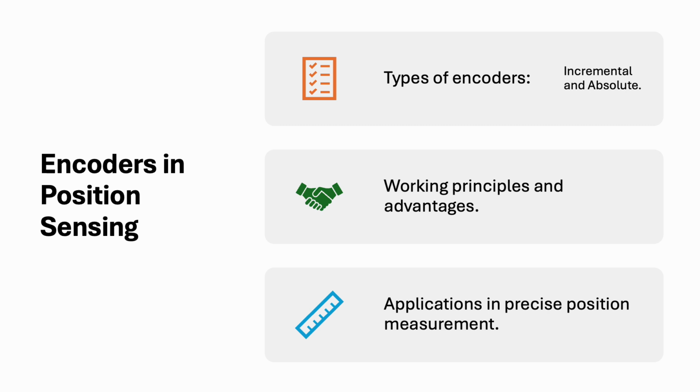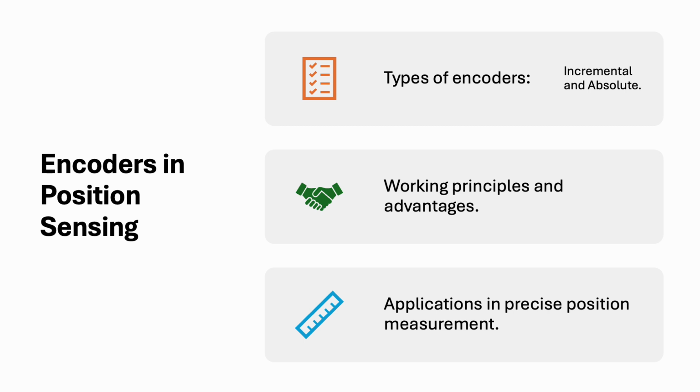Incremental encoders generate pulses as the shaft rotates, permitting the system to measure relative position change. These encoders are highly effective for applications where changes in position rather than absolute position are critical. They are cost effective and provide high resolution, making them suitable for tasks requiring fine motion control.